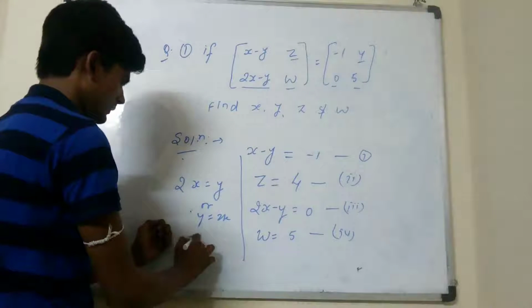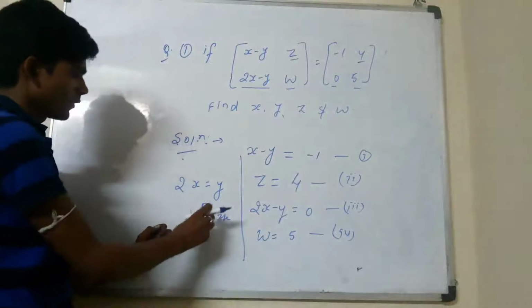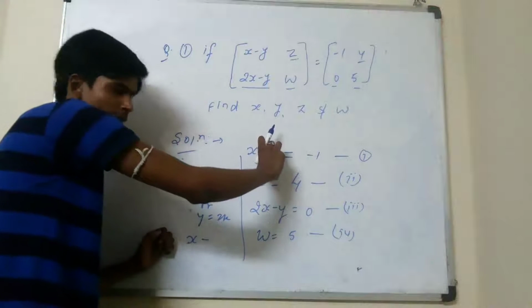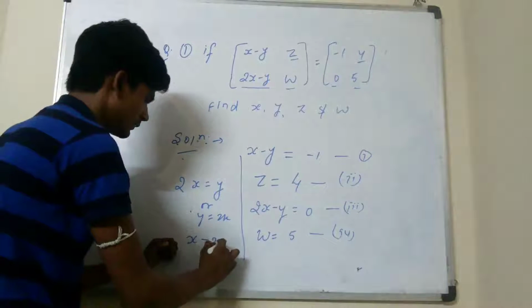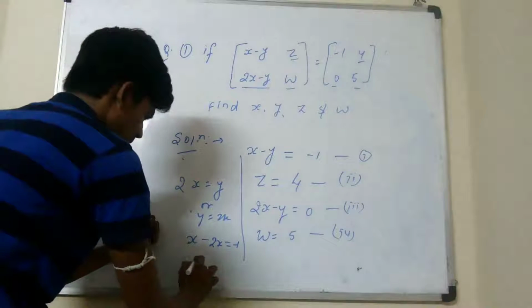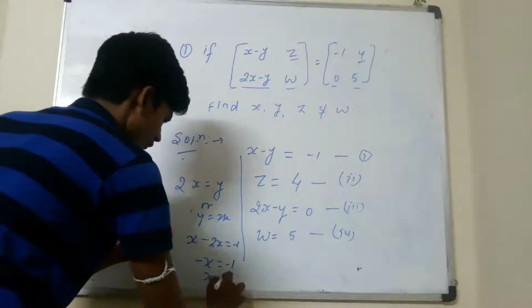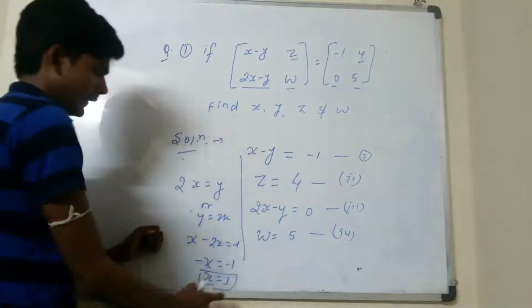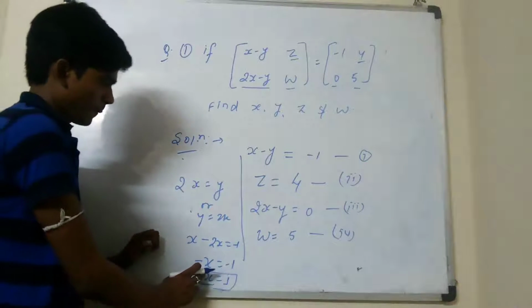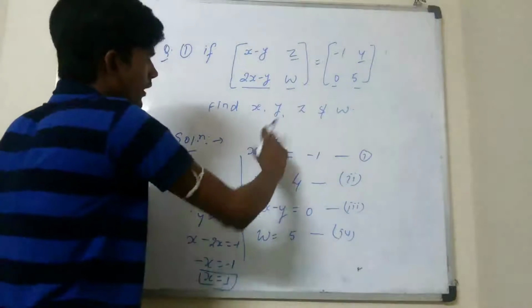Then we can write x minus, what is the value of y? It is 2x. So in place of y we write 2x, and this equals minus 1. So it gives minus x equals minus 1, so x equals 1. Now put the value of x in equation 1 and we get the value of y.